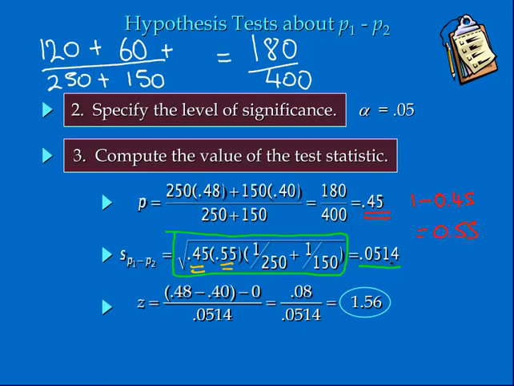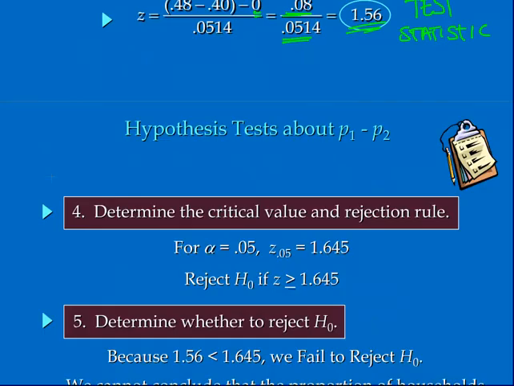Now, our point estimate was 0.08, and our null value is 0, so just disregard that. Our standard error is 0.0514. Therefore, our test statistic is 1.56. So that's our test statistic.